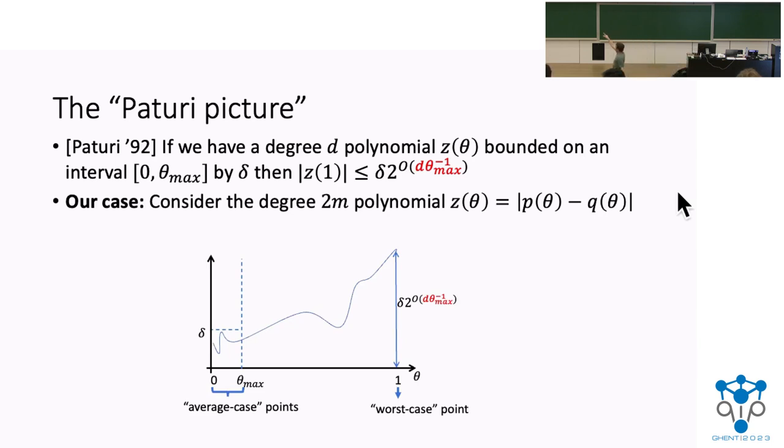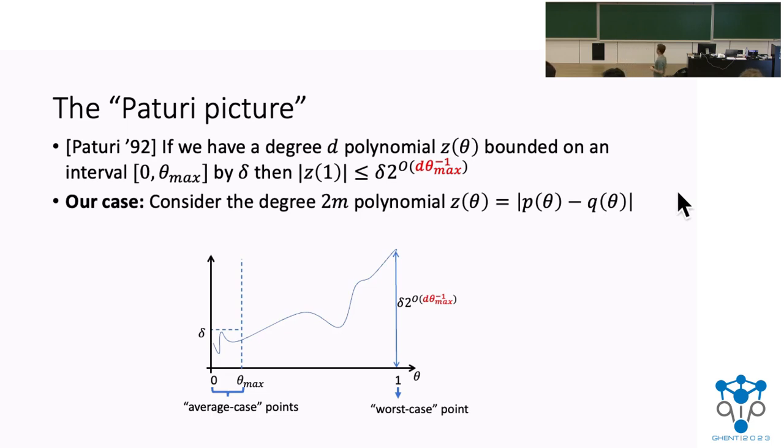When theta is really small, smaller than what I'm calling theta max, the corresponding circuit C theta is very close to a random circuit, and our error is delta. So we're going to bound this polynomial z in this small box of height delta and width theta max.